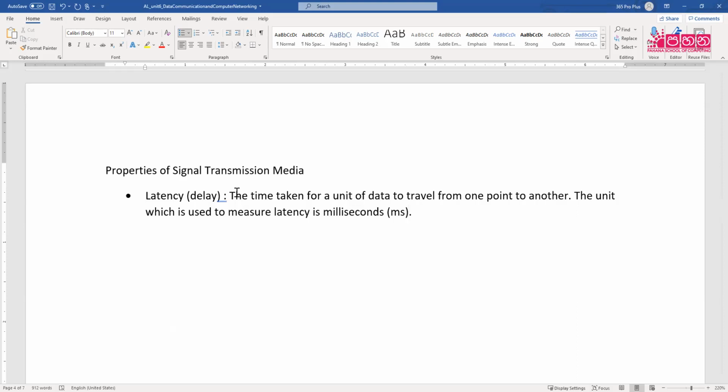Right. Next one. The second one we call bandwidth. The term we have discussed earlier. But let's discuss exactly what we mean by bandwidth.